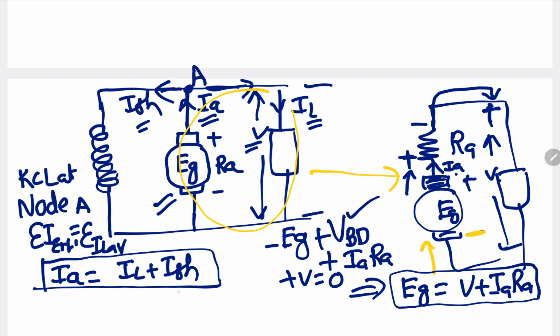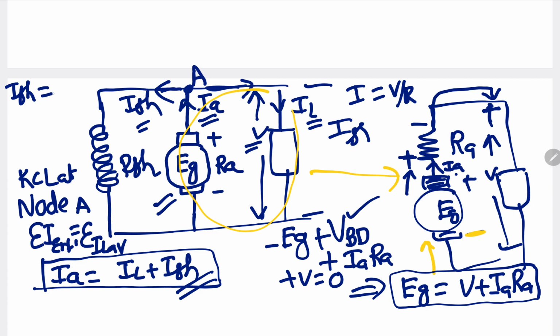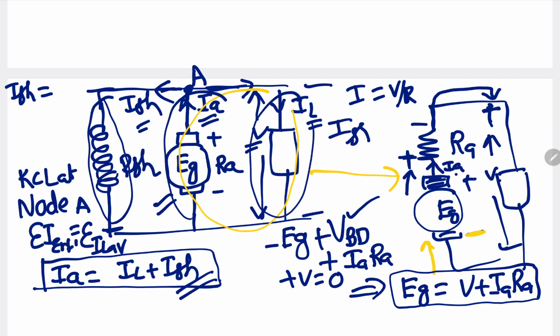And what is the ISH value? The shunt field winding resistance is RSH. The current formula is I equals V by R. So ISH is equal to the voltage across this shunt field winding divided by RSH. The shunt field winding is in parallel with the load, and in a parallel connection the voltage is the same.